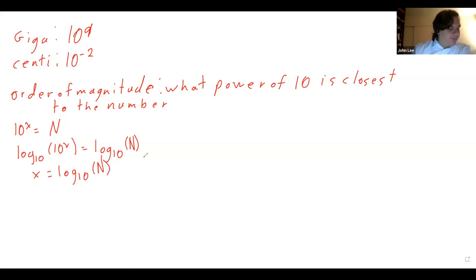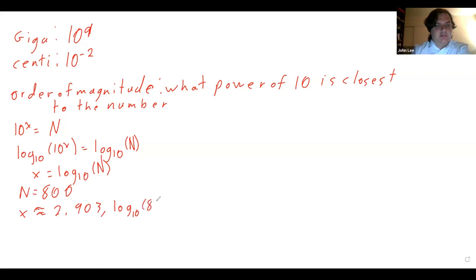So for 800, x is going to be approximately 2.903, because this is equal to log base 10 of 800.